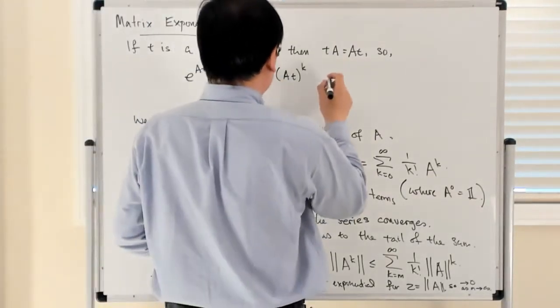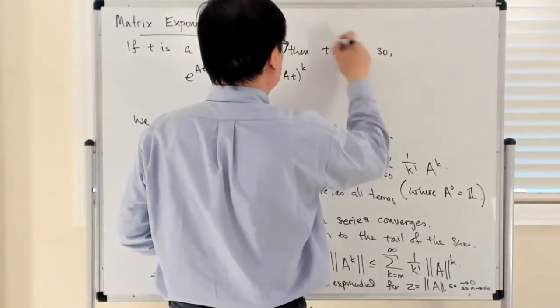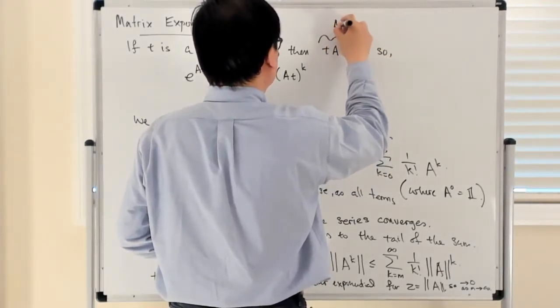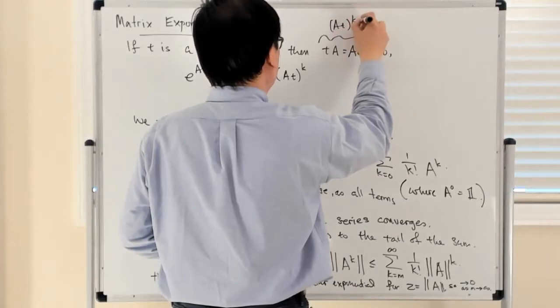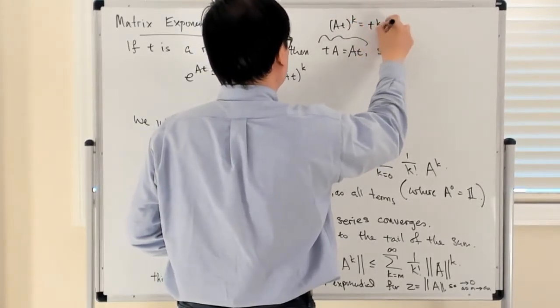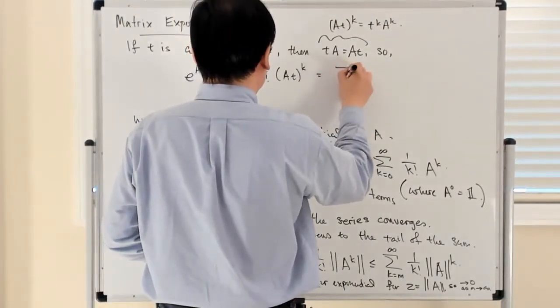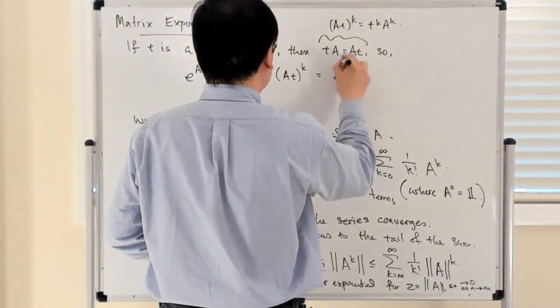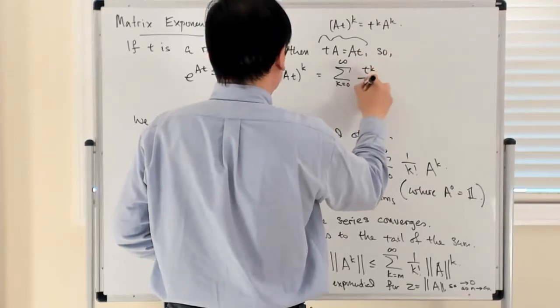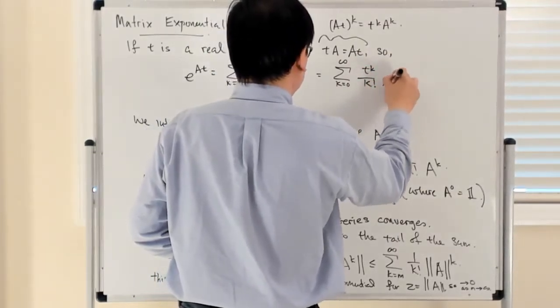So because of this, (At) to the kth power is equal to t to the k, A to the k. So this is going to be the sum from k equals 0 to infinity of t to the k over k factorial, A to the kth power.